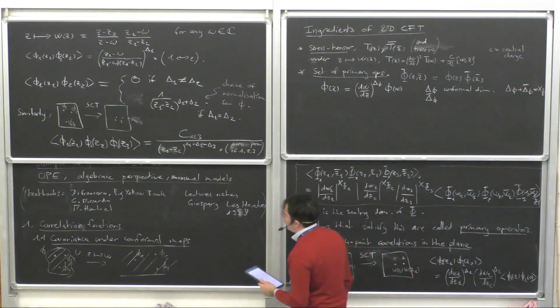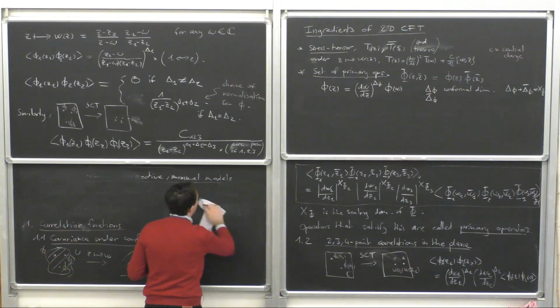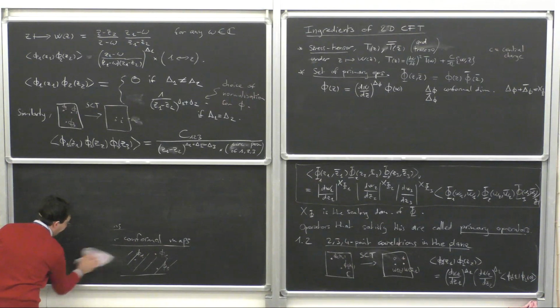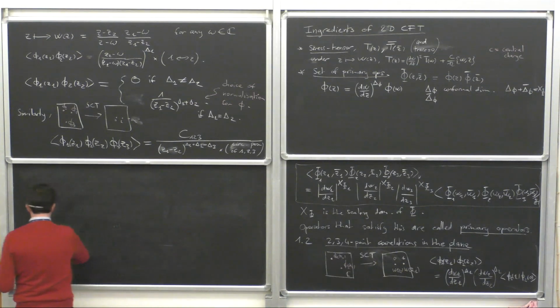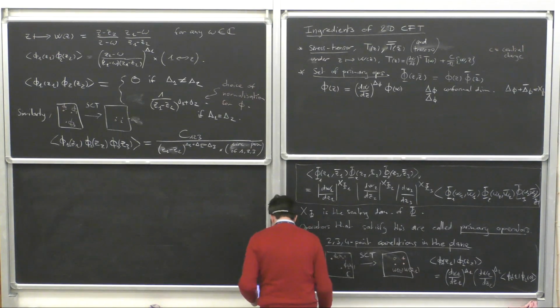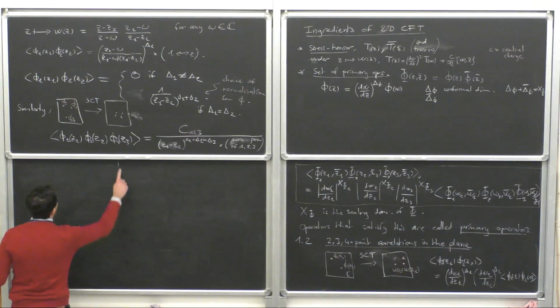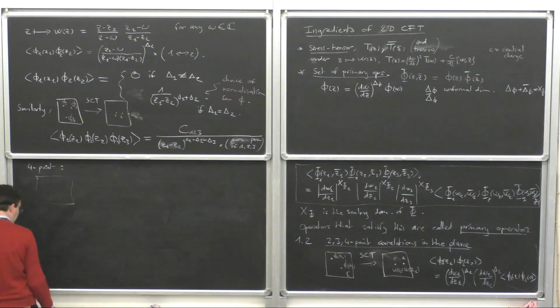Okay, and now we turn to 4-point functions. If we do the same reasoning for 4-point functions, we now have 4 points, phi 1, phi 2, phi 3, phi 4.